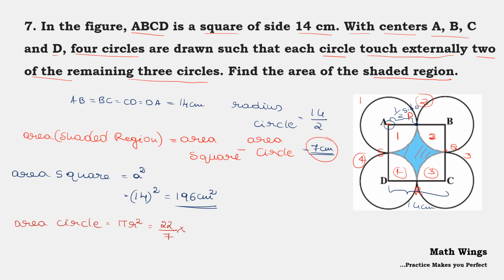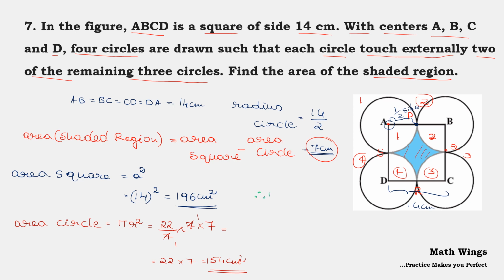As I already said, r value is 7. So this becomes 7 into 7. 7 ones are 7, 7 ones are 7, remaining is 22 into 7. So this becomes 154 centimeter square. Correct? Now, what's the area of the shaded region then?